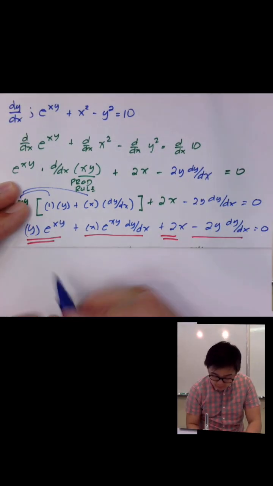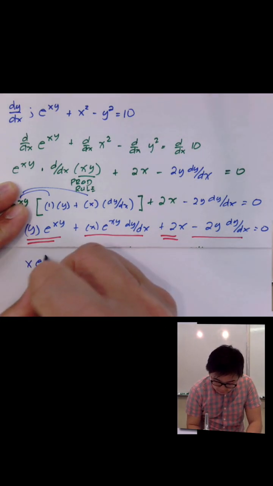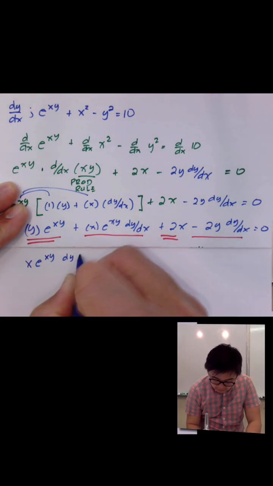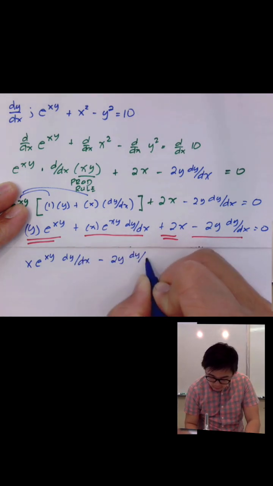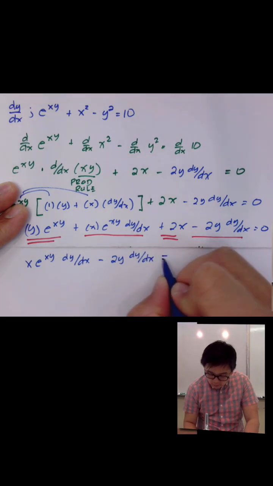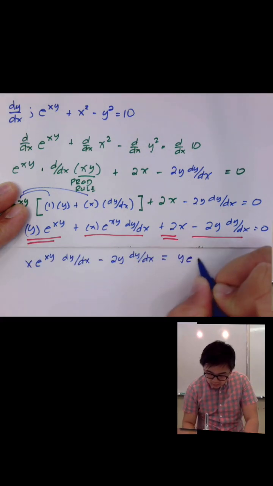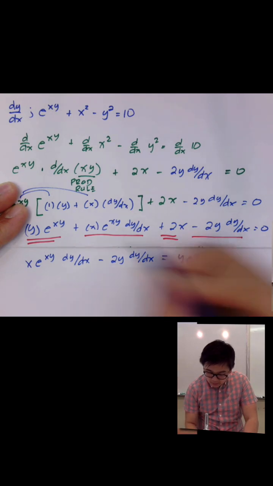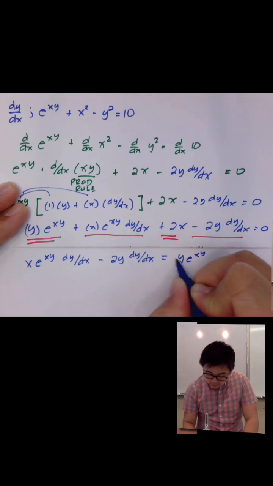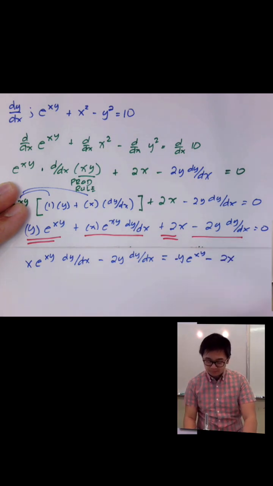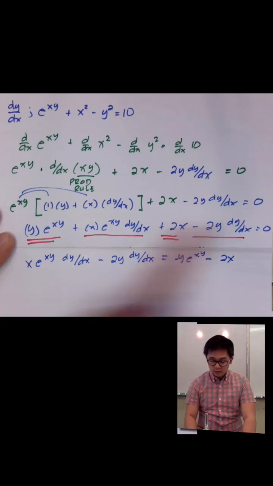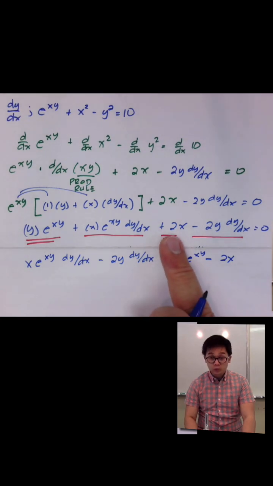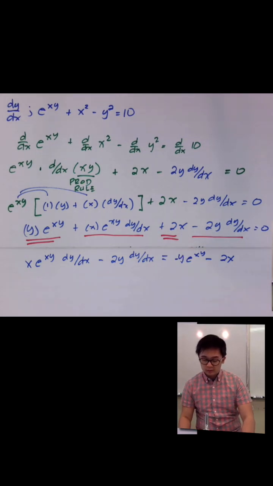So we'll end up with x e to the xy dy/dx minus 2y dy/dx equal to negative y e to the xy minus 2x. We did that because we can subtract y e to the xy on both sides, leaving us with negative y e to the xy right here, and subtracting 2x on both sides as well will leave us with negative 2x right here.